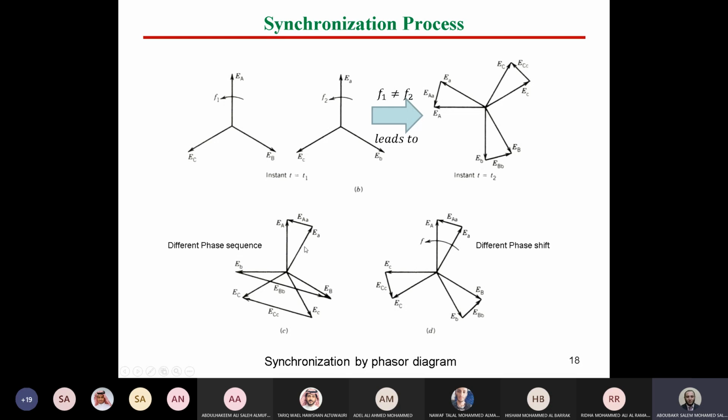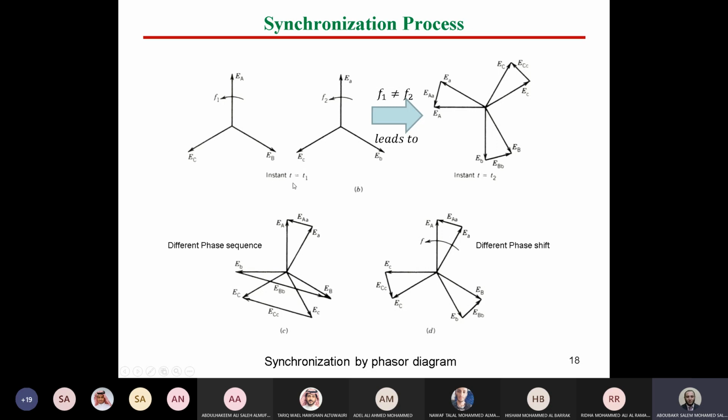These are the phasor diagrams for all of the unfulfilled conditions. For instance, in the first case here, assume this is the capital letters of the generator and this is the small letters for the grid. We have here 3 vectors for the grid, and these 3 vectors for the generator at instant t1.